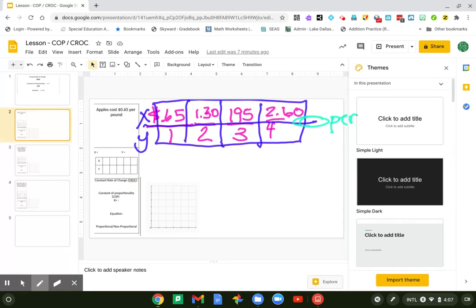All right, now that we've got our table, the question is does it have a constant rate of change? Well, a constant rate of change means that it has a y-intercept. So it does not cross through 0, 0.